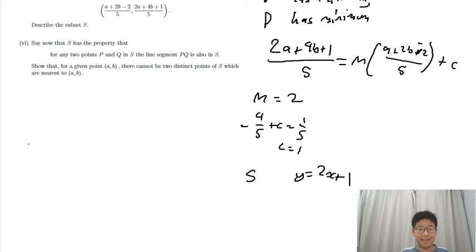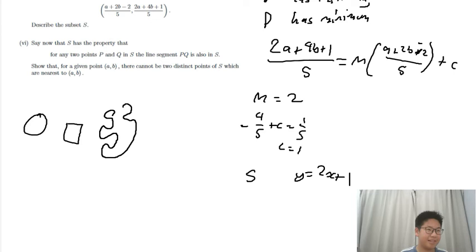It can be anything as long as it's a closed surface. It can be a circle, a square, or a blob. Whatever you think. So there cannot be two distinct points of S which are nearest to (a, b).